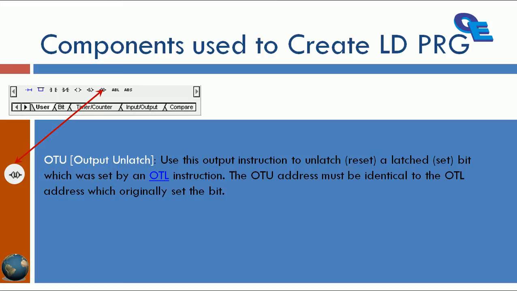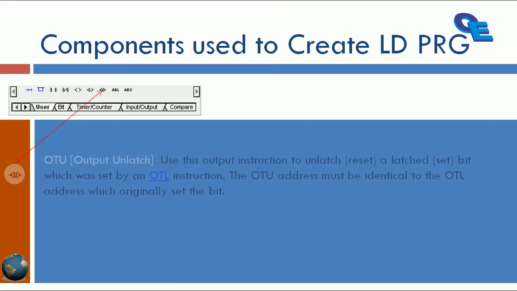If for OTL you have taken O colon 0 by 0, then to unlatch the bit, you have to take an OTU instruction and specify the same address as for the OTL, that is O colon 0 by 0.